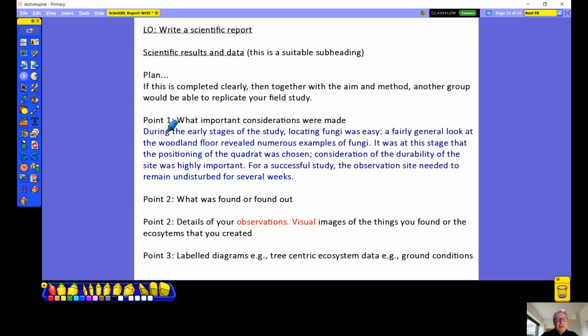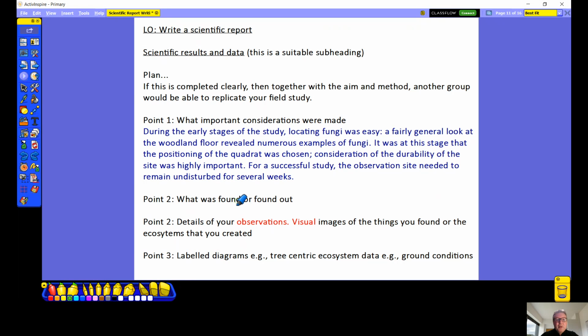Okay, hopefully you've noticed that I'm writing point 1. What important considerations were made? What was important when I was setting up my field study? And in my plan, I have, during the early stages of the study, locating fungi was easy.